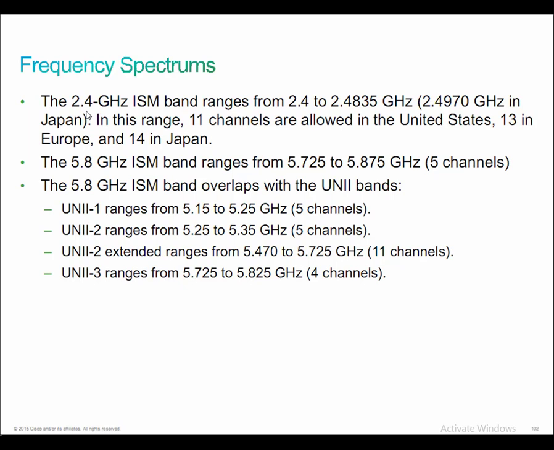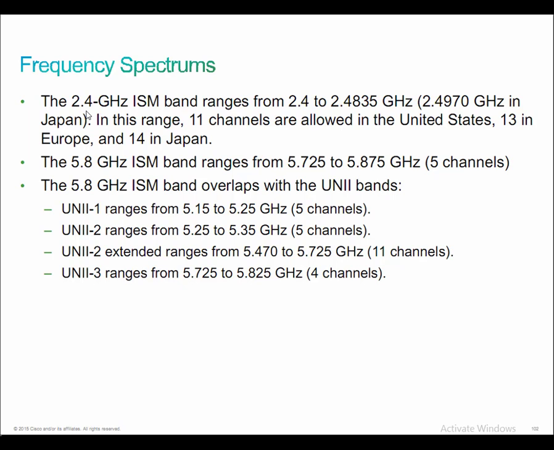And that is, how are the frequency spectrums allocated to the different wireless standards? What frequency ranges are used? How is this ISM band reserved by the ITU? The International Telecommunications Union is the one that specifies this for the radio frequency industry for the industrial, scientific, and medical bands.